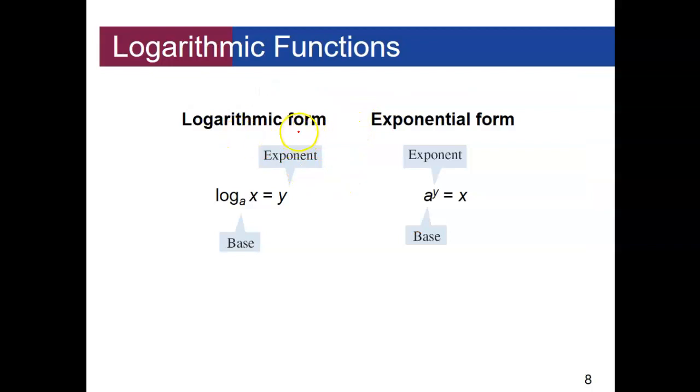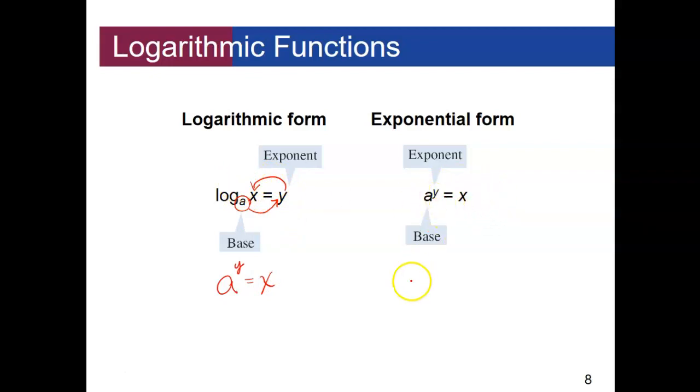With logarithmic form, you start here with the base. Sorry that the pen is not cooperating too well. Start with the base, circle around over here, and that's going to be my exponent. Then I come back and set it equal to x. So I start with the a, circle around to the exponent, and then it equals x. Just work in a circle there.